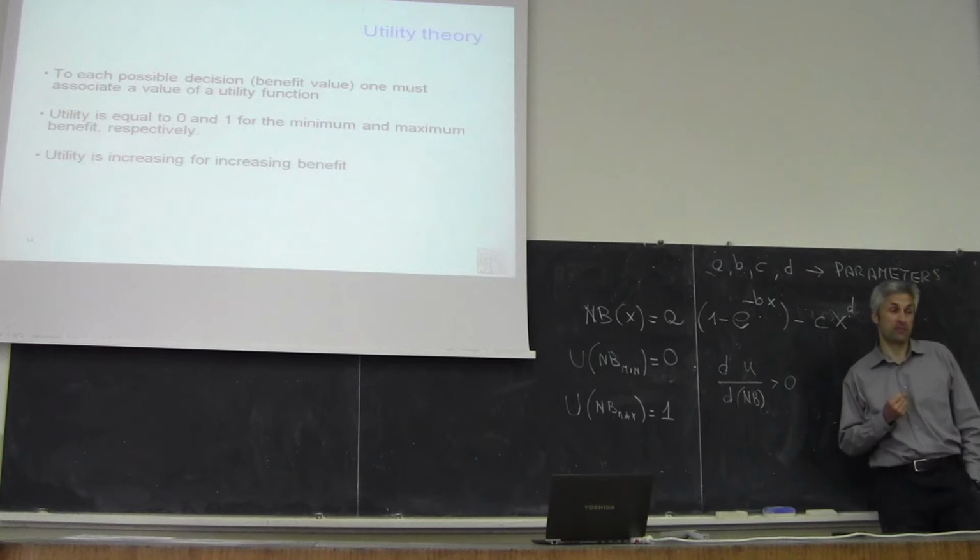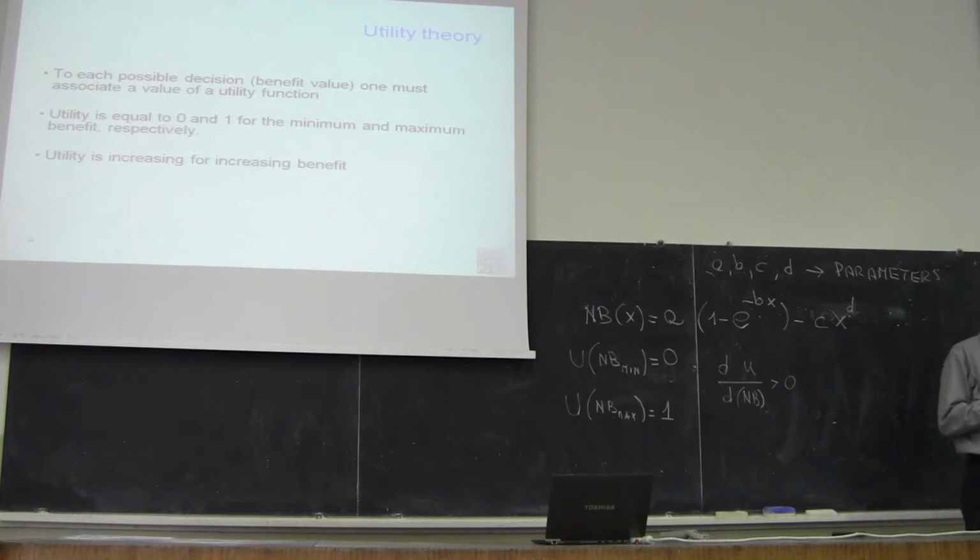Utility, in a way, is also a means to rescale between 0 and 1 whatever benefit function you have to reach. And let's take, for instance, the calibration problem of whatever model. You have an objective function.